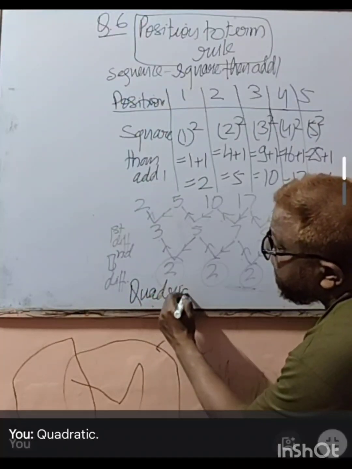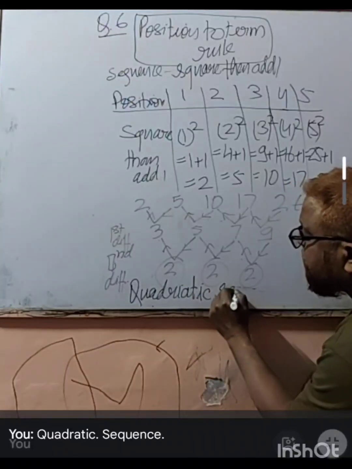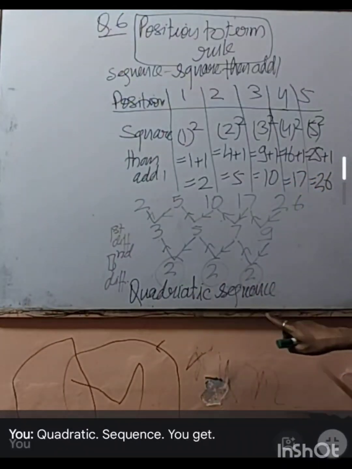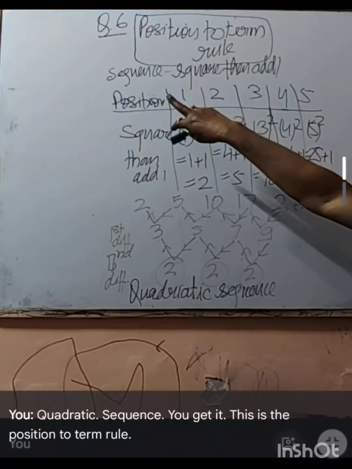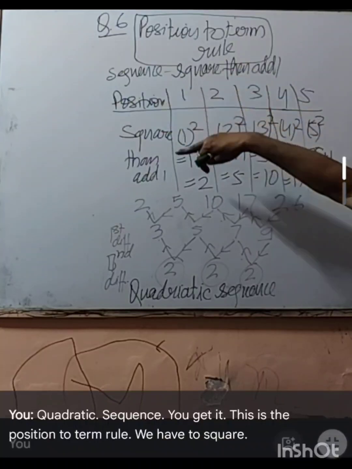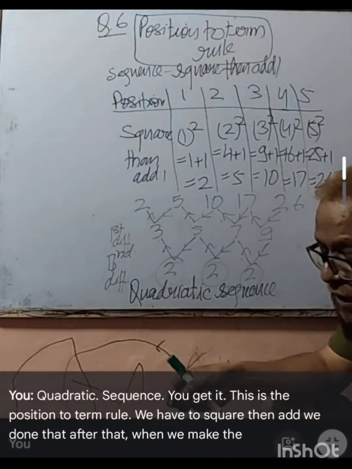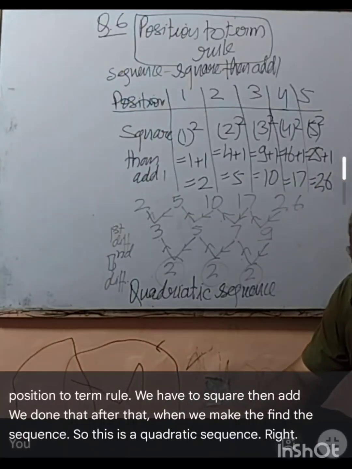Quadratic sequence. You get it? This is the position to term rule. We have to square then add. We did that. After that, when we find the sequence, this is a quadratic sequence, right?